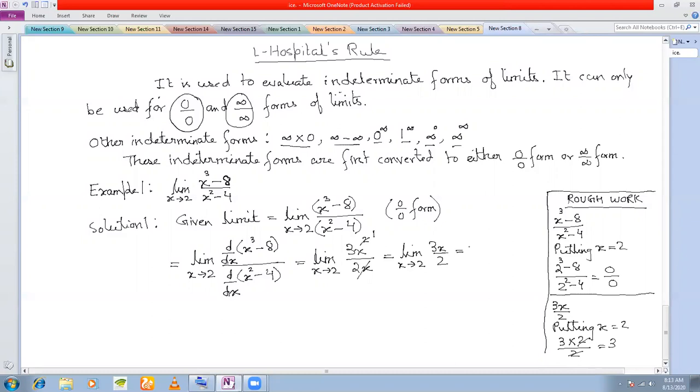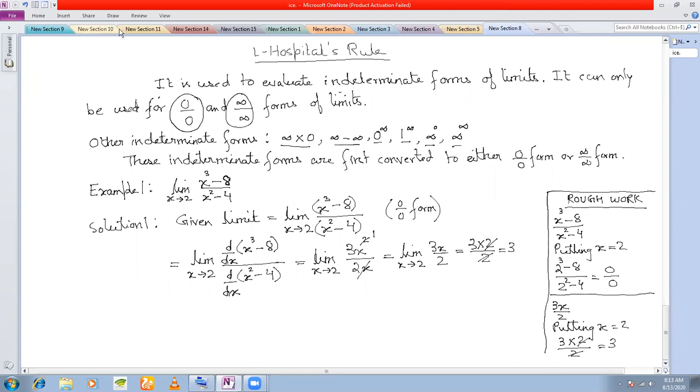So therefore, the value of this limit is 3. 3 is not an indeterminate form, isn't it? Is 3 a 0 by 0 form or infinity by infinity form? No. So that means we have managed to evaluate our limit. The value of this limit is 3.